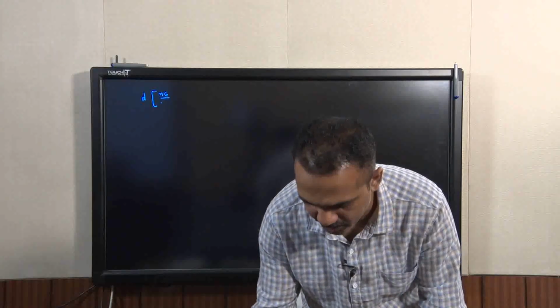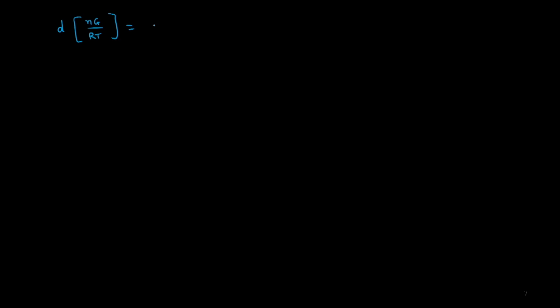What we can do is also write similar expressions for excess properties. We'll start with the fundamental property relation, d(nG by RT) is nV by RT dP minus nH by RT squared dT plus sigma G_i bar by RT dn_i. And I can write it for an ideal solution also.